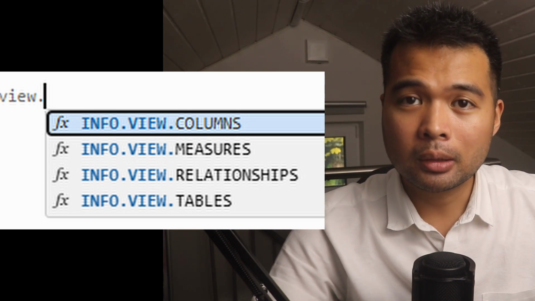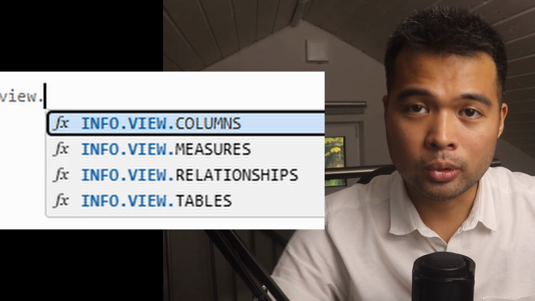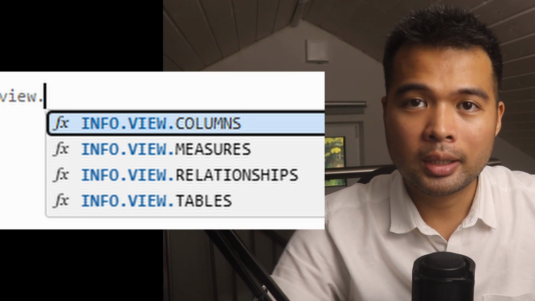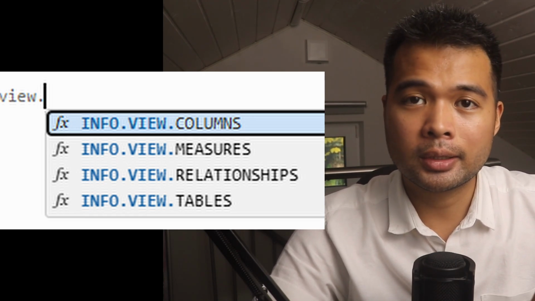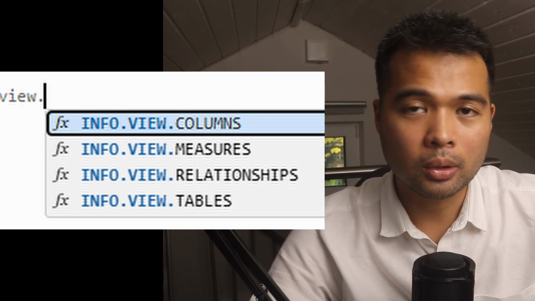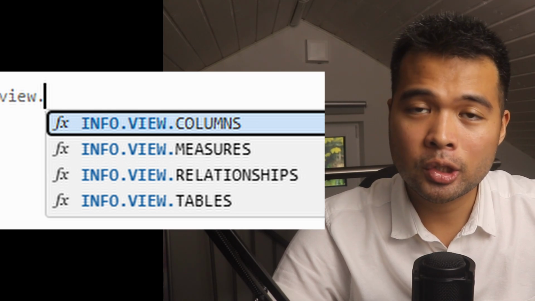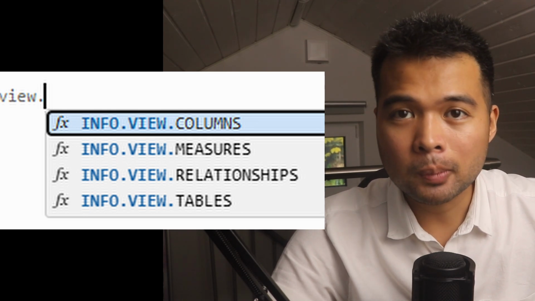However, from this update, it looks like these new view DAX functions allow you to do so. It will allow you to put the results of these functions into a calculated table for you to use in your Power BI reports. This means that you'll be able to create your own data dictionary automatically in your Power BI reports.